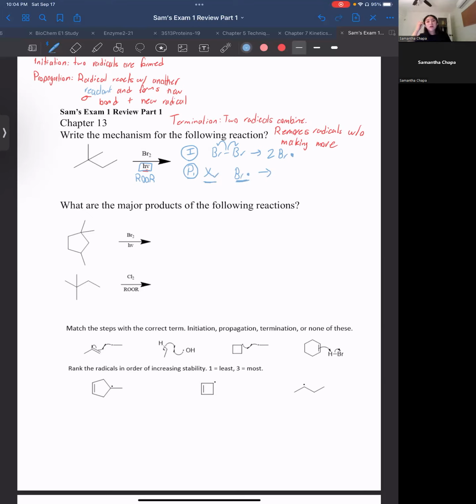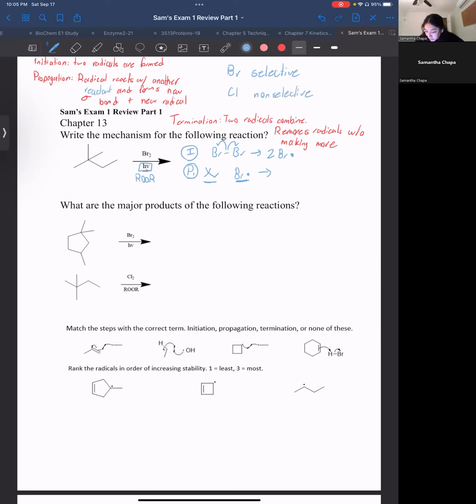And with Br, there's a difference between radical bromination and radical chlorination. So with Br, we're selective for the most substituted carbon-hydrogen bond, and for Cl, non-selective. Cool.